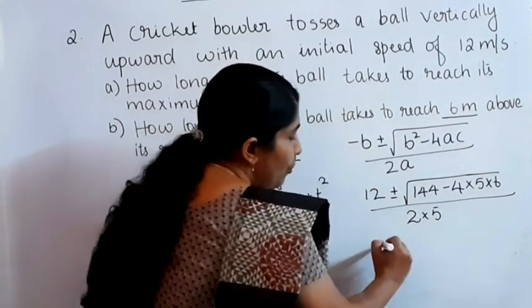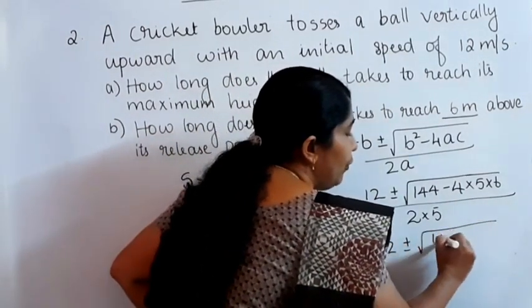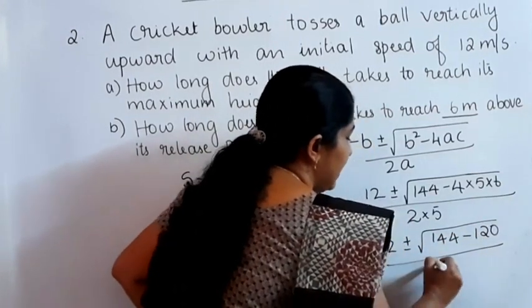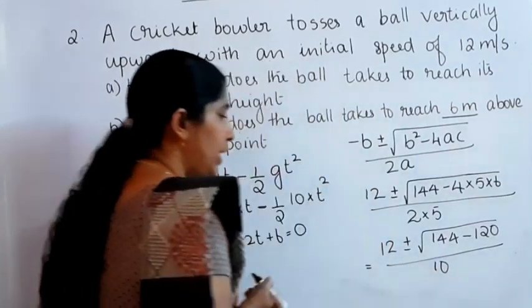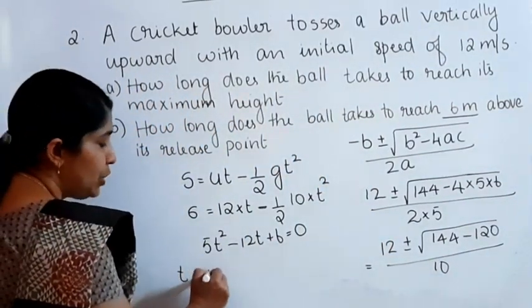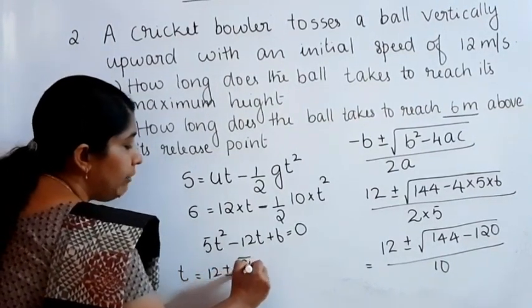From here, 12 plus or minus root of 144 minus 120 divided by 10. That is, t is equal to 12 plus or minus root of 24 divided by 10.